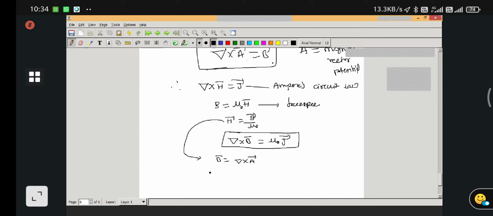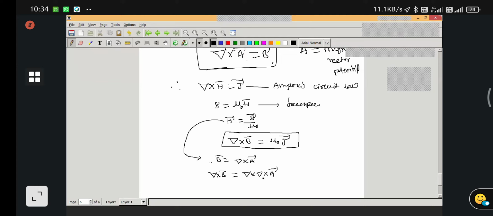First of all, taking the curl on both sides of B equals curl of A. On the left side and right side, the curl of B vector equals the curl of the A vector.